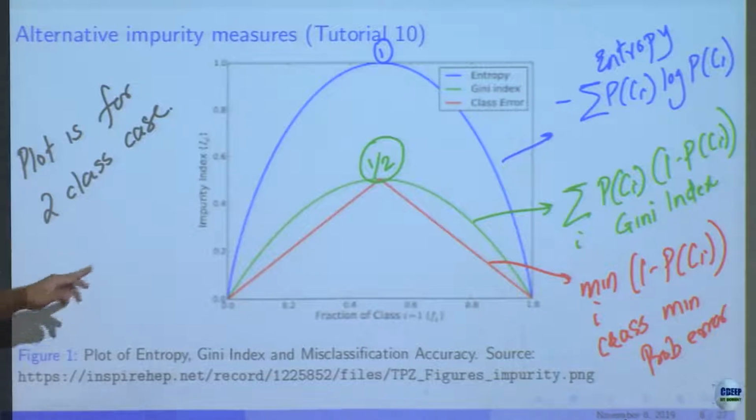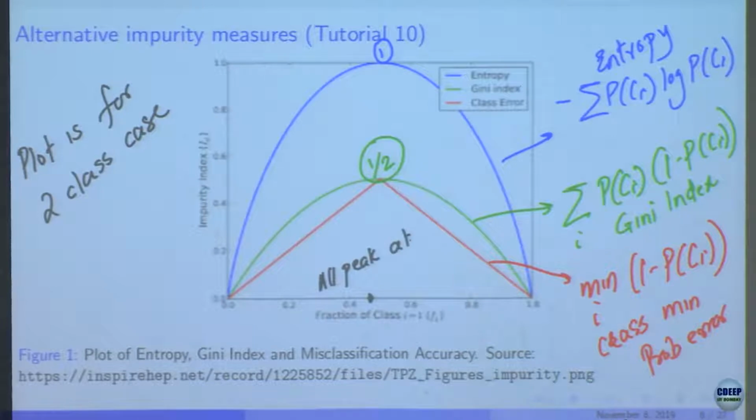So both Gini index and class min probability error take the same max value. There is only a scale difference that entropy has. It can take a max value of 1. That is exactly when you have completely uniform class distribution. But the nature is the same. All of them peak at exactly 0.5, where the fraction of the class is 0.5.